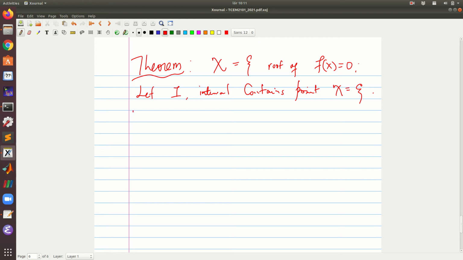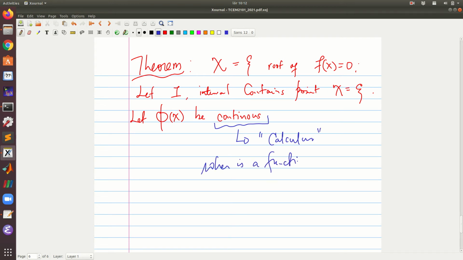Further, we are going to let this phi of x be continuous. This is also another technical term. I hope you remember this from your calculus, when a function is continuous.